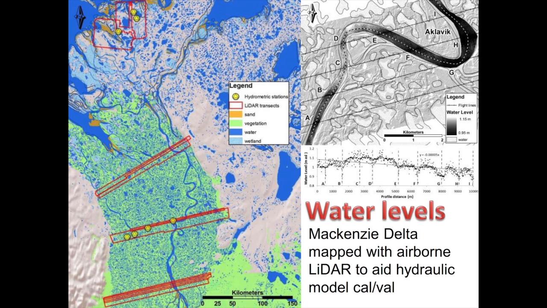The only way you can do that is if you simultaneously map the water levels along several kilometers of river reach. So from a hydraulic point of view, the ability to almost instantaneously map water levels along these river reaches was quite profound in terms of what it could tell us about hydraulics of that environment. So this is research, and I'm not suggesting these are commercial applications, but from a research point of view, this is quite useful.